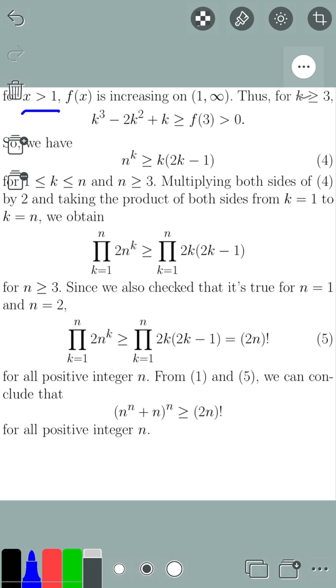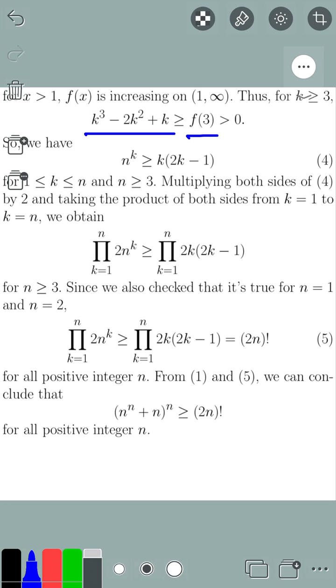So the derivative of the function f of x equals x cubed minus 2x squared plus x is larger than 0 for x larger than 1. So the function f of x is increasing on the open interval 1 to infinity. So for any k larger than or equal to 3, f of k is larger than or equal to f of 3.